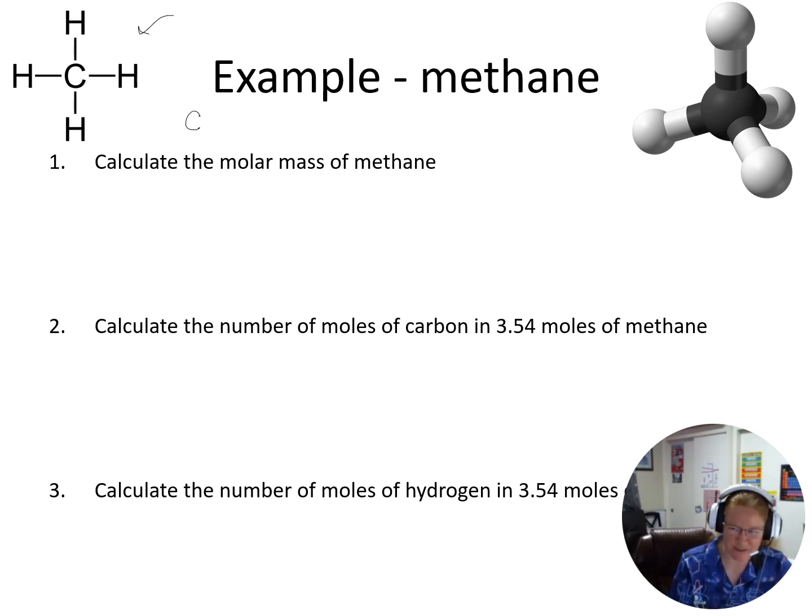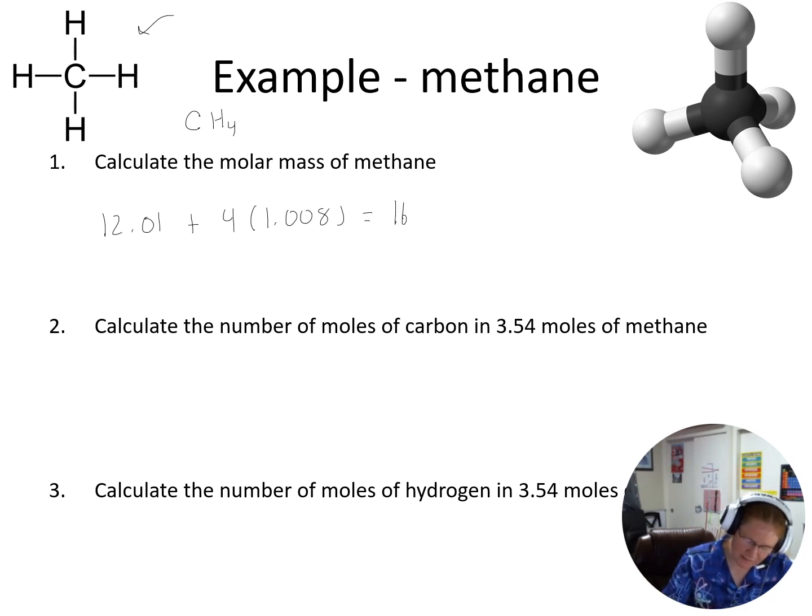And how many hydrogens do I have? I have 4. So methane is CH4. So to get the molar mass, we're going to do 12.01 for our carbon plus 4 times 1.008 for our hydrogen. And we're going to get 16.042 grams per mole.